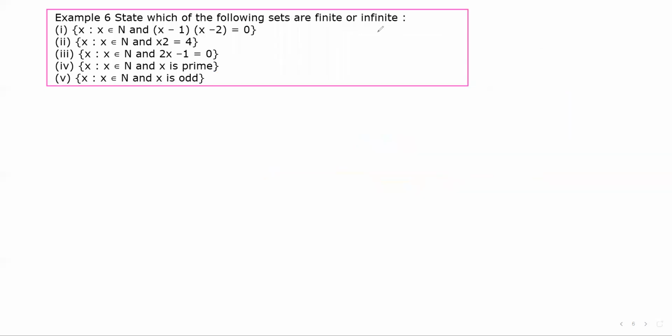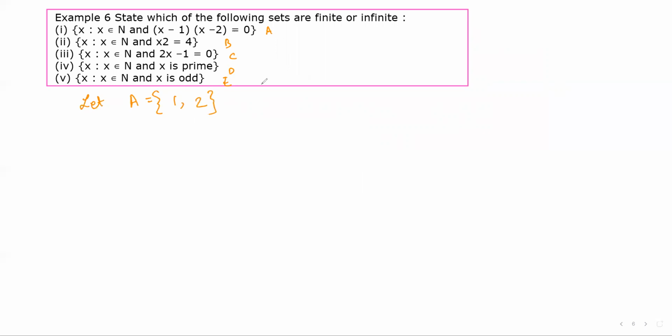Next. State which of the following sets are finite and infinite. First, set A is a set of all x such that x belongs to natural numbers and satisfies this quadratic equation. I'm calling these sets A, B, C, D, and E. So set A in roster form will be 1 and 2.